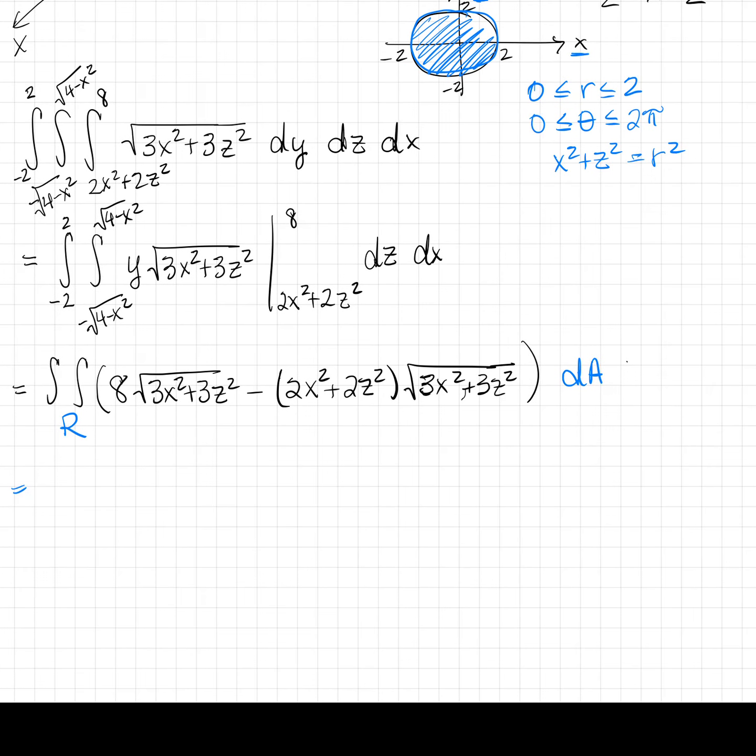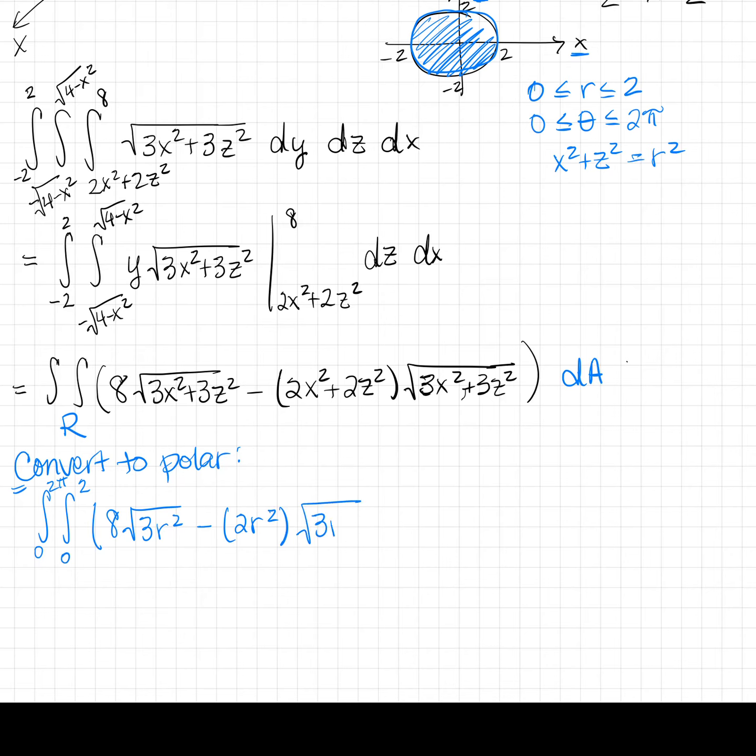So let me write what we're doing: convert to polar. All right, so what does this become? It's the integral from 0 to 2 pi of the integral from 0 to 2 of 8 square root of 3r squared minus 2r squared square root of 3r squared. And what happens to my dA?